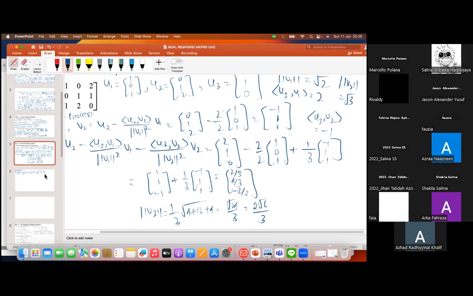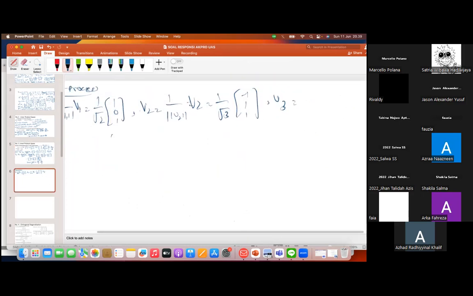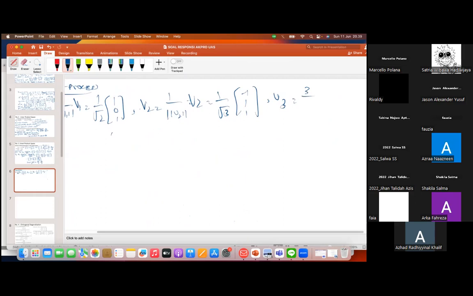So we flip that upside down. So this is 3 over 2 root 6 times 2 over 3, 4 over 3, and negative 2 over 3. So this is your orthonormal basis.